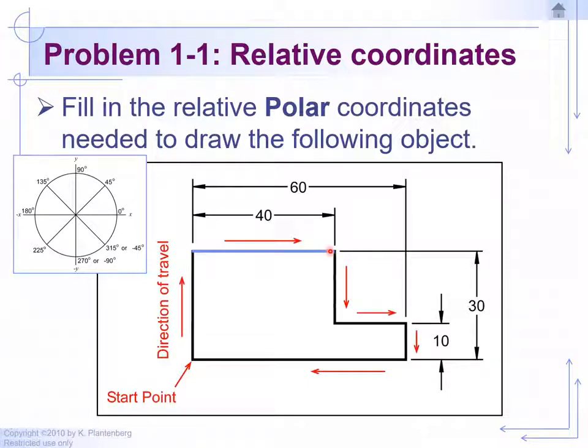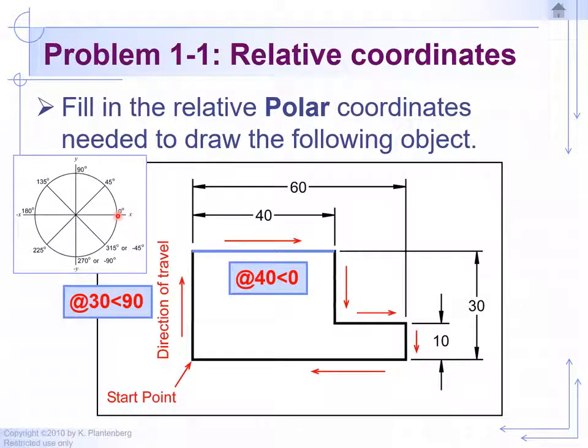To generate the next line, which has a length of 40, using relative polar coordinates, we're going to type in @. So that lets AutoCAD know that it's with respect to the last point we created. We're going to go a length of 40 at an angle of 0, so it's going to stay horizontal.